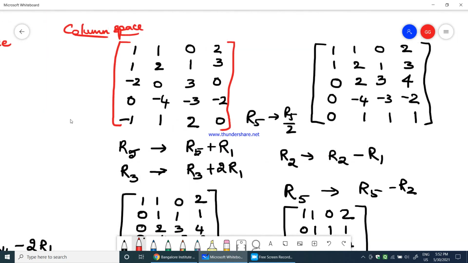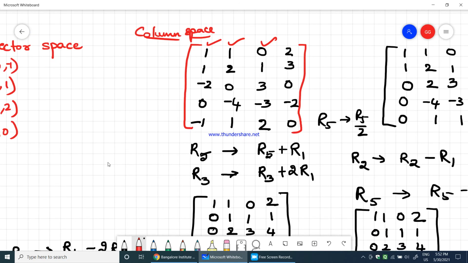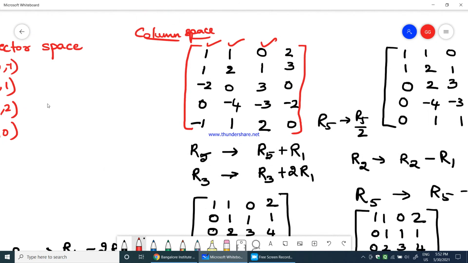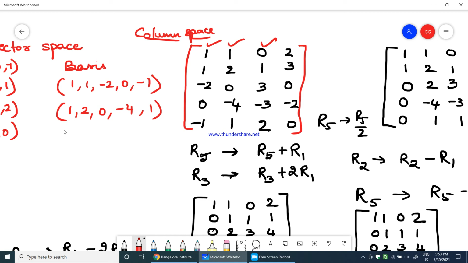So the basis for this column space would be 1, 1, minus 2, 0, minus 1 as the first basis. The second basis is 1, 2, 0, minus 4, 1. And the third basis is 0, 1, 3, minus 3 and 2.